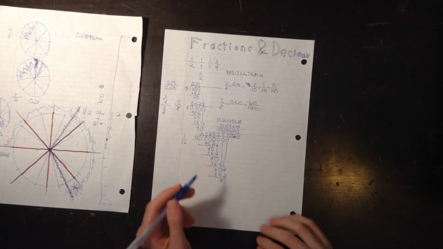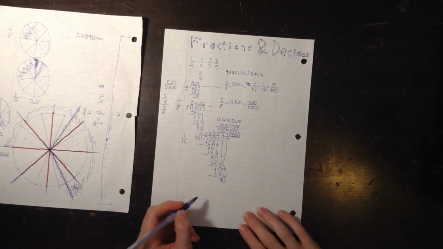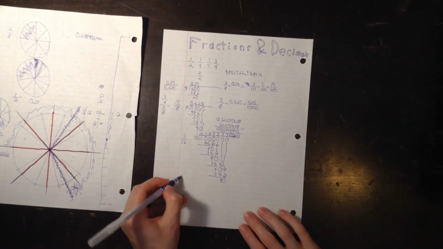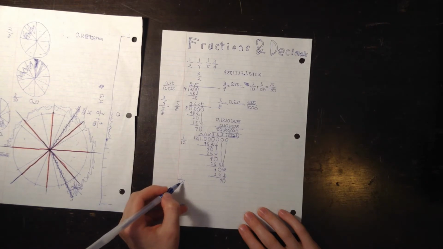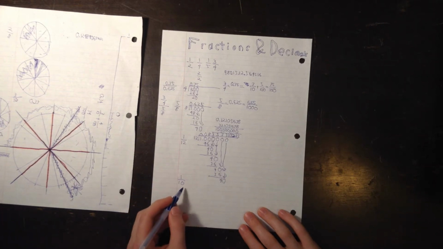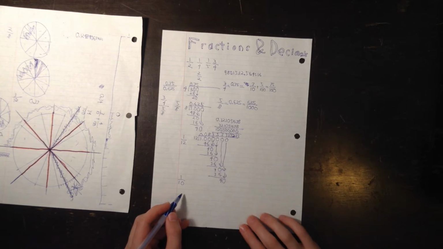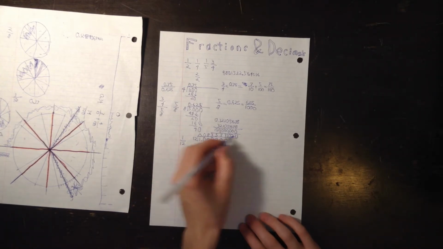Because basically what a decimal is, your first decimal place is 1 over 10, and your second decimal place is basically the same thing as saying, let's write this out over here.